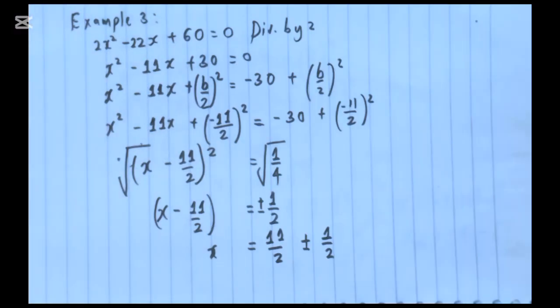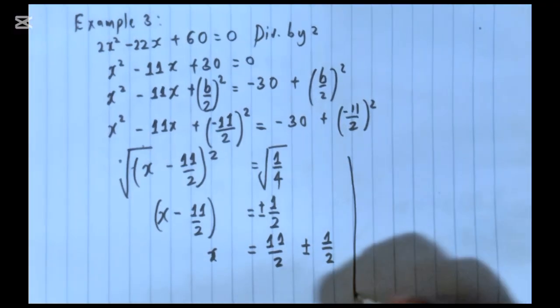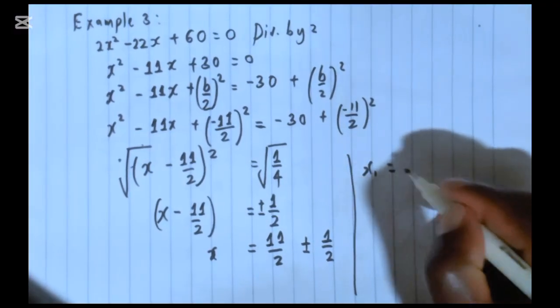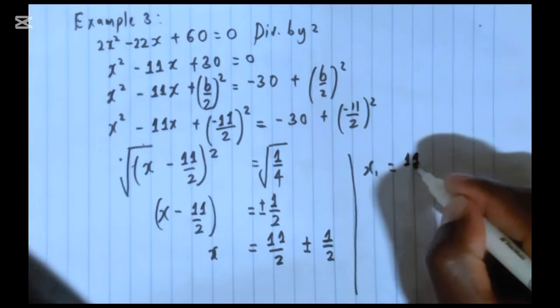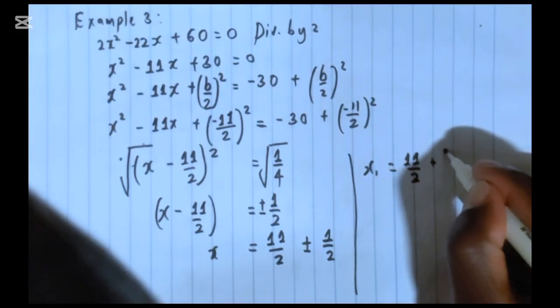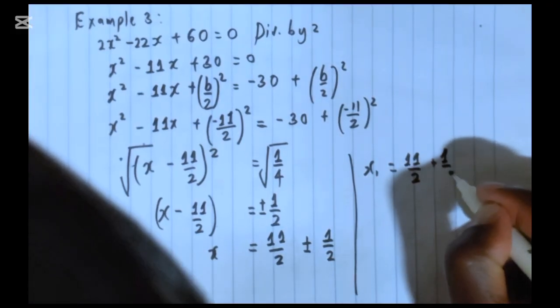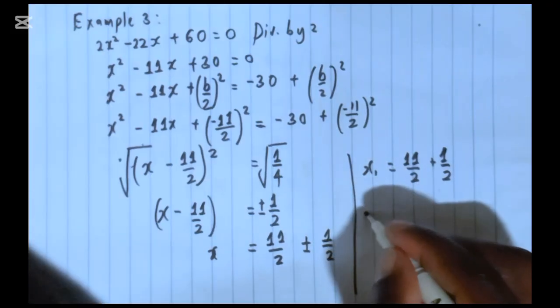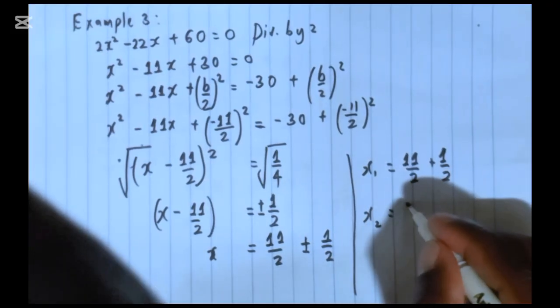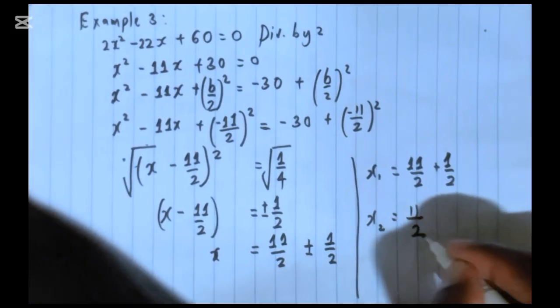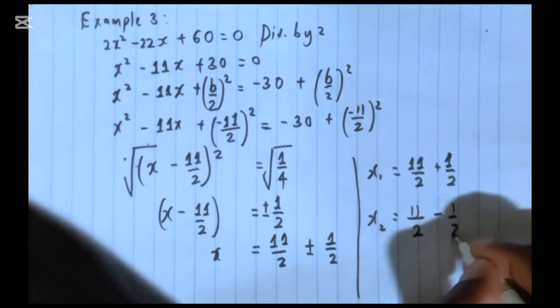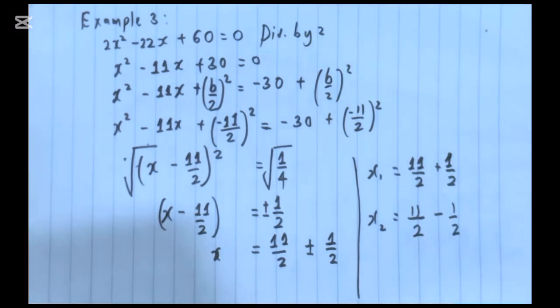For x1, we're going to have the half as positive, and for x2, we're going to have it as negative. So x1 is going to be 11 over 2 plus a half, and x2 is going to be 11 over 2 minus a half.